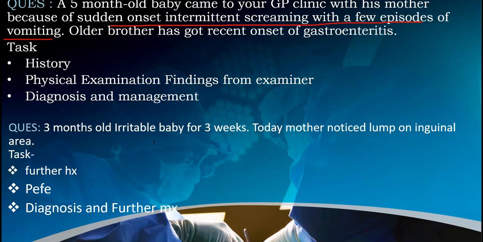So it's important. And then another question can come to you, that the mother already noticed a lump on the inguinal area, but suddenly the child is getting really irritable or having more episodes of vomiting or intermittent screaming. Or sometimes they can give you a 3-month-old irritable boy, for 3 weeks mother noticed a lump.